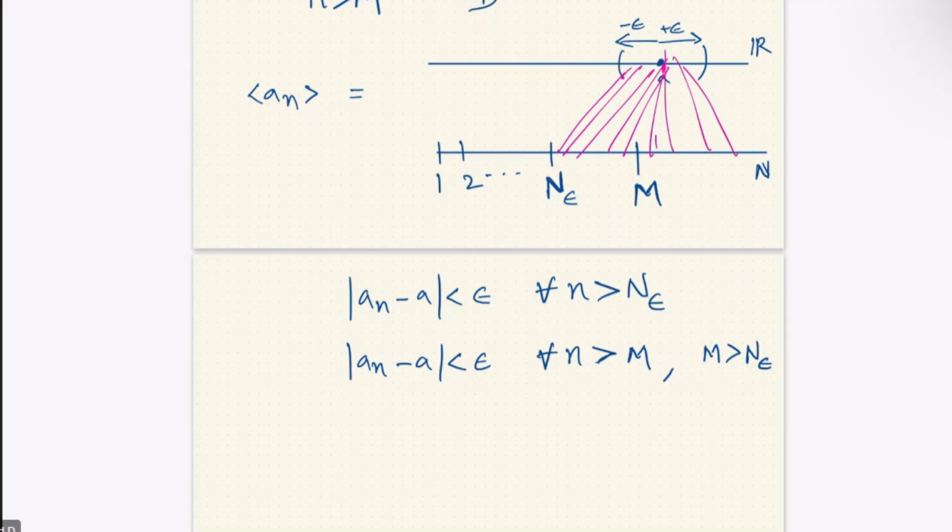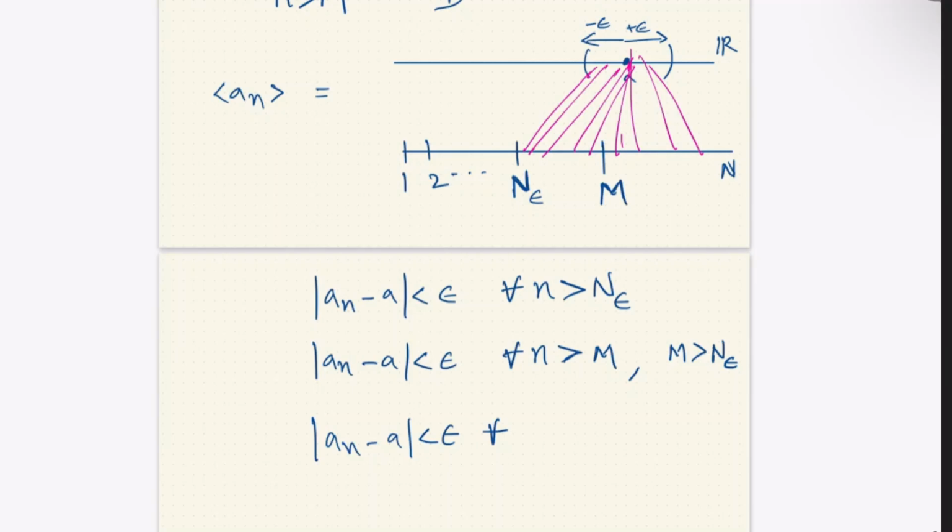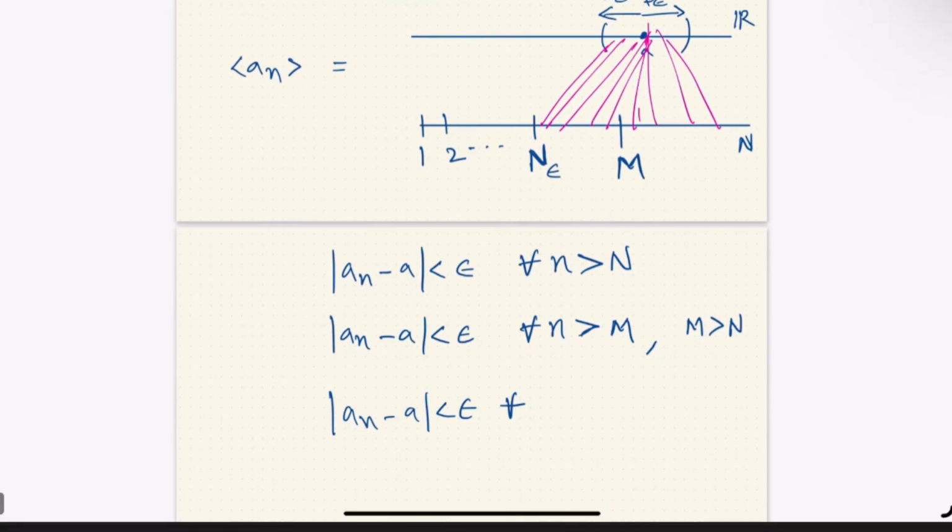Okay, in such a case, what is the best choice for this? If I wanted to write one N and one m, do you choose the minimum or the maximum? What do you say? Modulus of an minus a less than epsilon for all... You don't know which one is starting first, which one is bigger, which one is smaller.